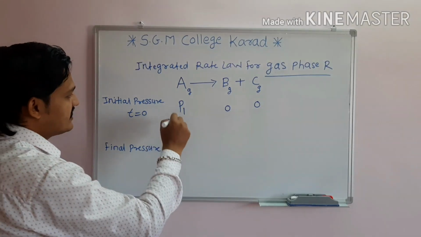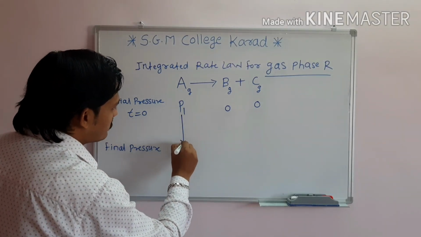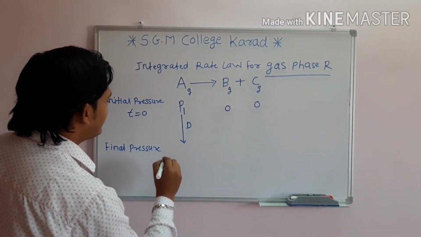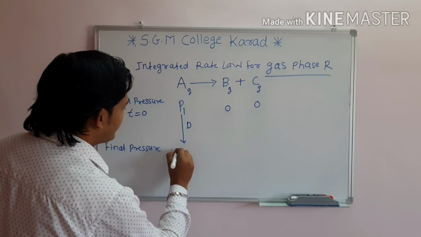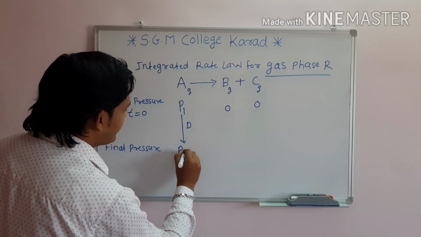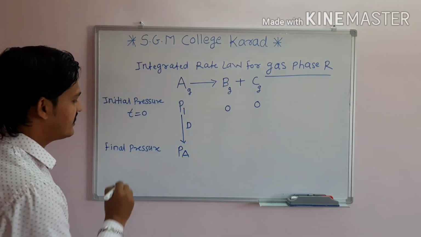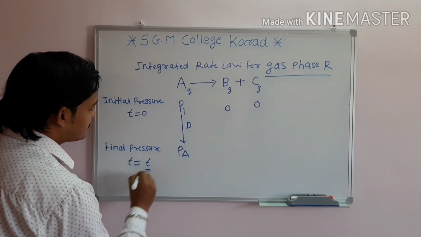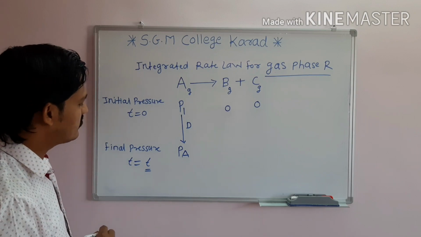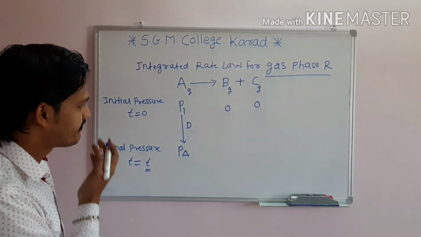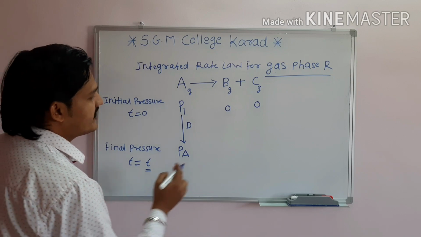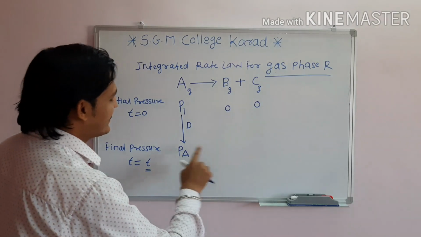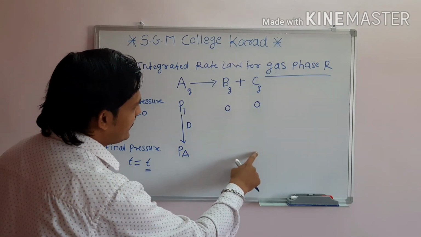Then as the reaction starts, the pressure falls, that is, pressure decreases. Then the final pressure will be PA at time t. Let us say t is equal to 1 hour, 2 hour, 3 hour and so on. So what is the value of final pressure of products B and C? We have to calculate it.